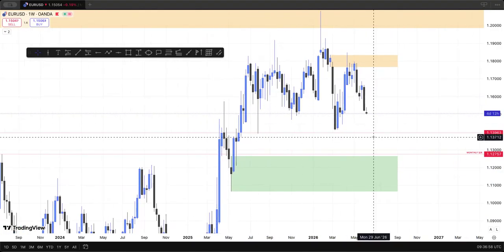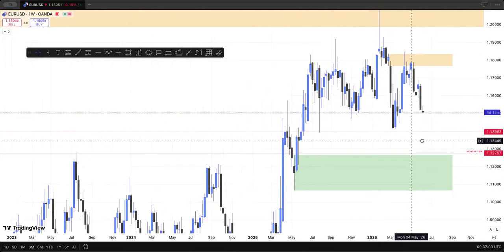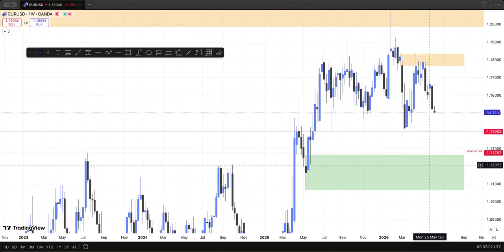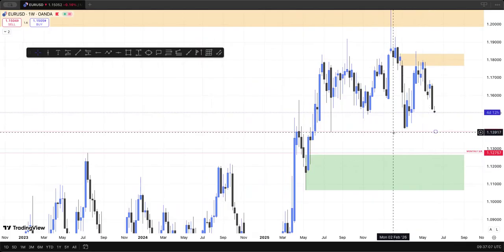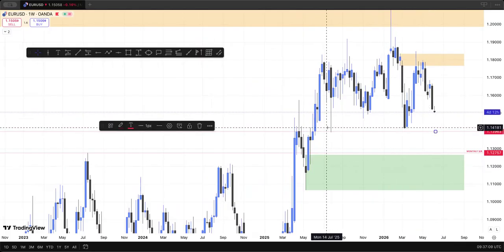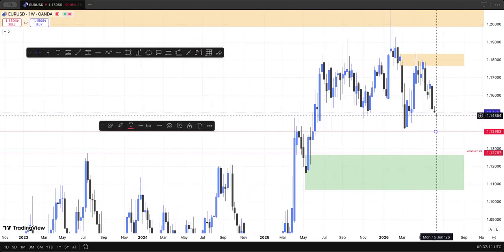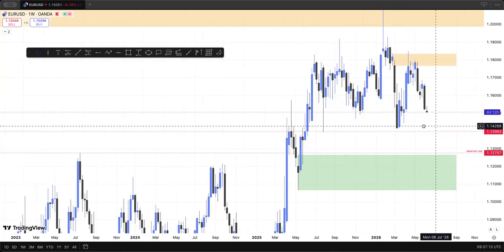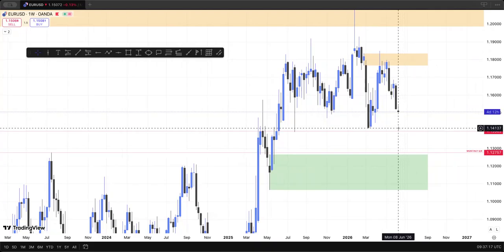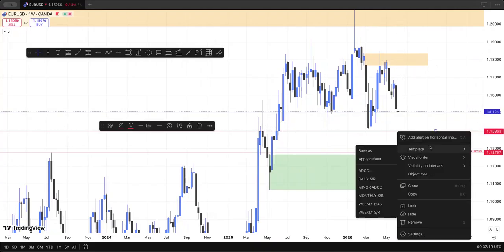So on the weekly time frame, we have this demand that I expect price to visit next. But first, we'll have to break this support or resistance. Though it has been touched, price is still above it. So I'm expecting price to get to it next before this demand is touched. Okay, as simple as that.